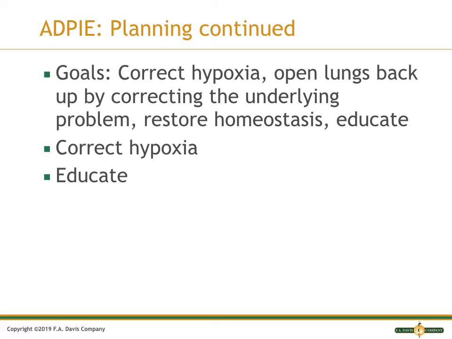And then eventually you're going to educate them once you've taken care of the most basic problems, and refer back to Maslow's, which is the physiological problems. Can they breathe? Once you've restored that basic problem and gotten them comfortable again, you're going to educate them. You've got to stop smoking. So yeah, that's your planning.